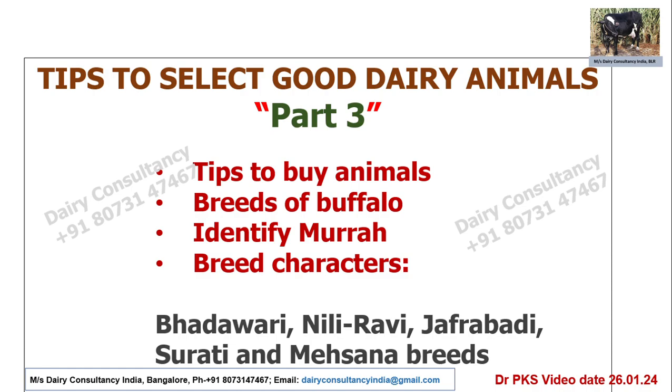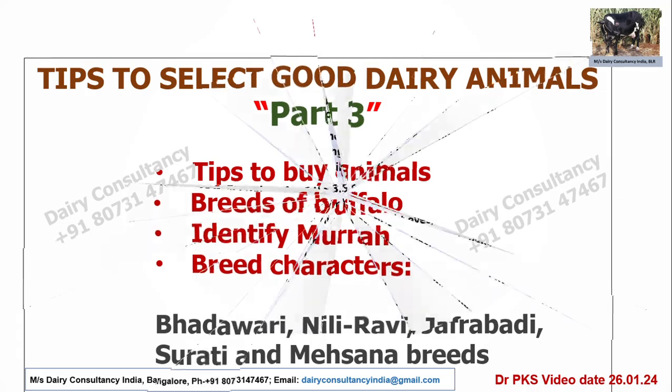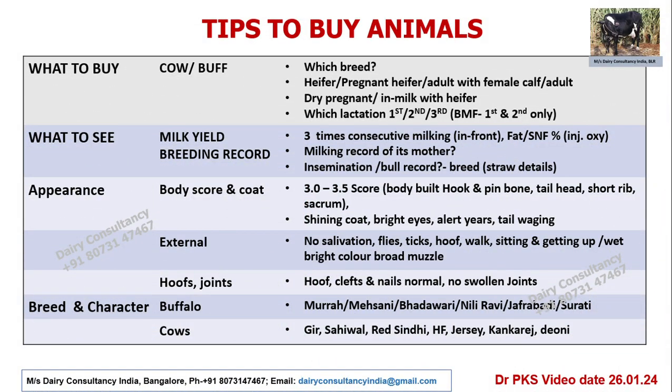We have given one detailed example of how to identify a breed. Then we have given breed characters of the Bhadawari, Nili Ravi, Jaffrabadi, Surti and Mehsana breeds of buffalo. In the second part, we have already covered the breed characters for HF, Jersey, Mehsana, Sahiwal and Gir animals.